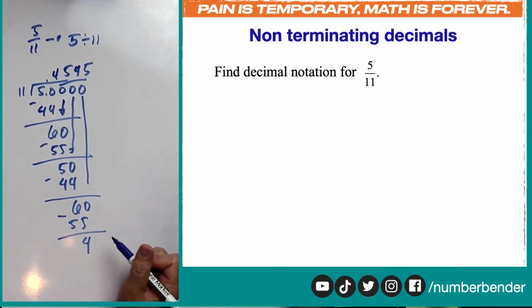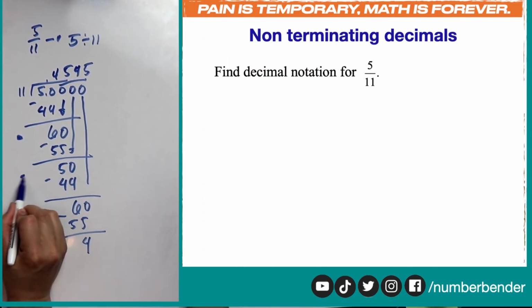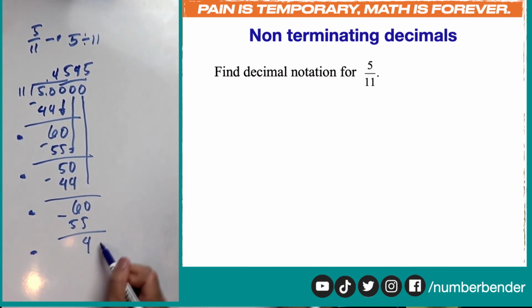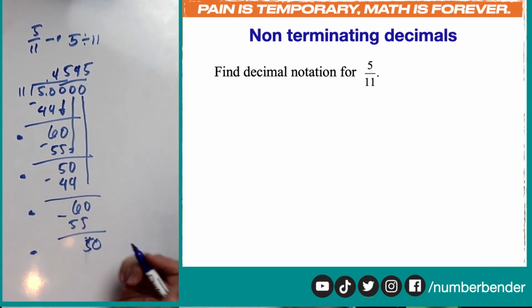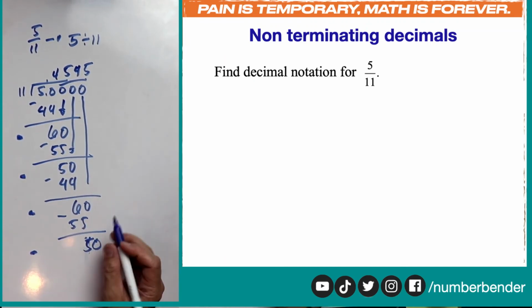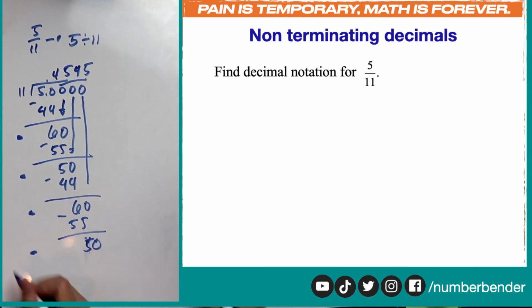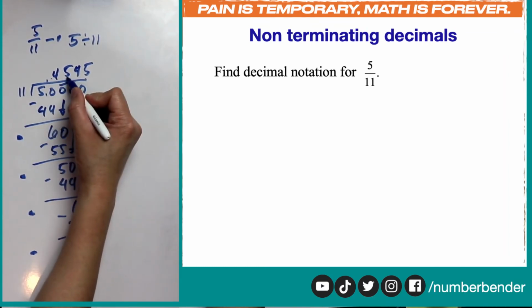So now we're seeing a pattern. From here, we'll add another 5, and this will turn into a pattern just like what happened a while ago. So in this case, the non-terminating or repeating decimal will be 4 and 5.